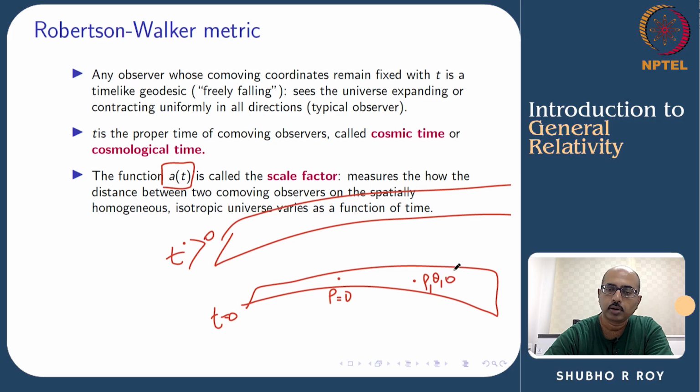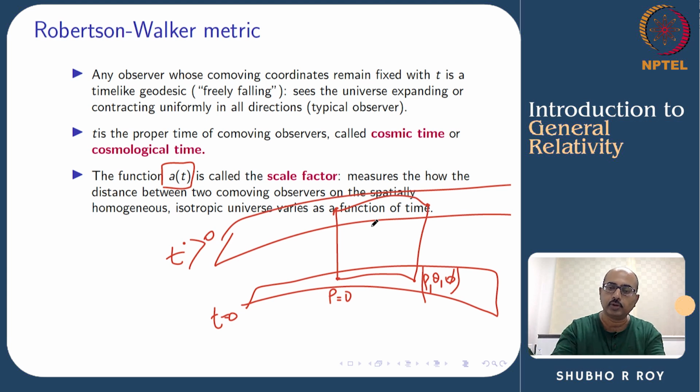And now we construct the normals, which meet somewhere here, somewhere there. Now, a of t determines how large this distance is compared to how this distance is. So at a later time, the physical distance between them will change because a is a function of t, and a of t keeps track of that. It measures, given the fixed co-moving coordinates, how the distance between them is changing with time.